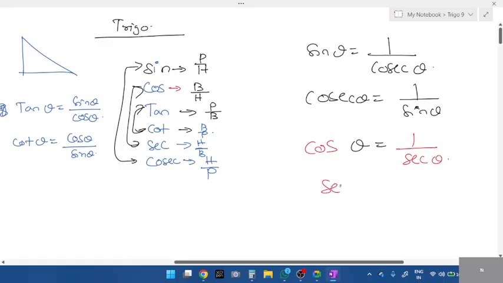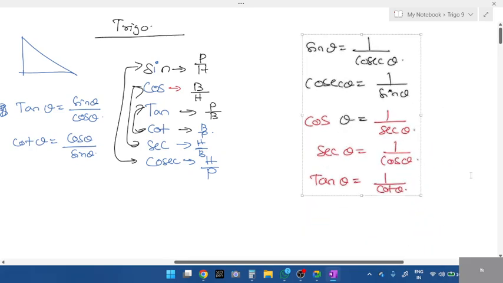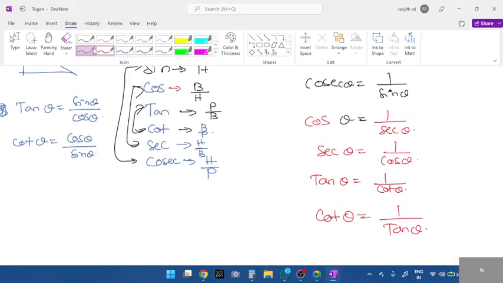Sec theta is equal to 1 by cos theta. What about tan theta? And cot theta is equal to 1 by tan theta. This is the reciprocal relation. Is it clear?